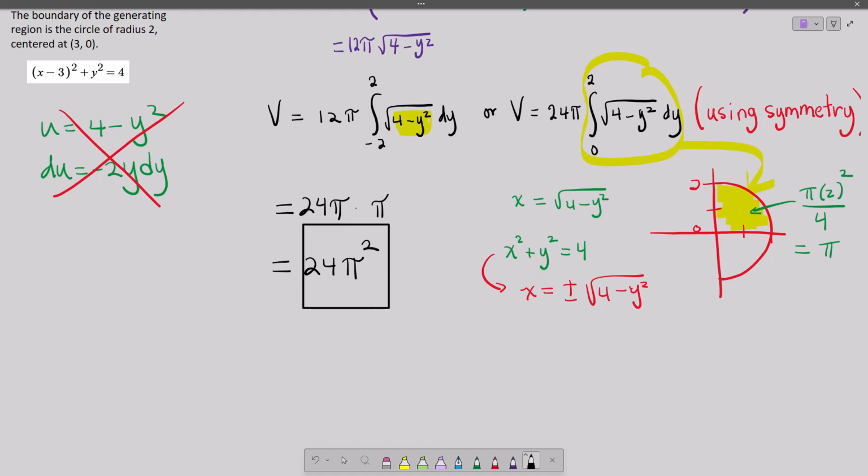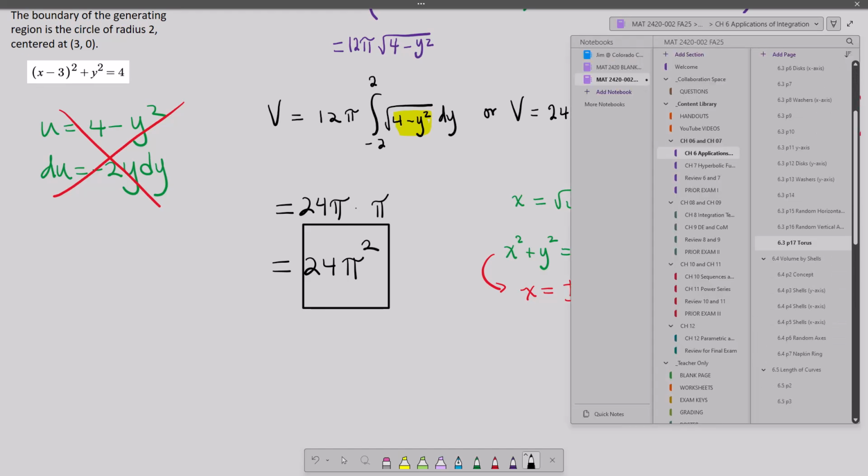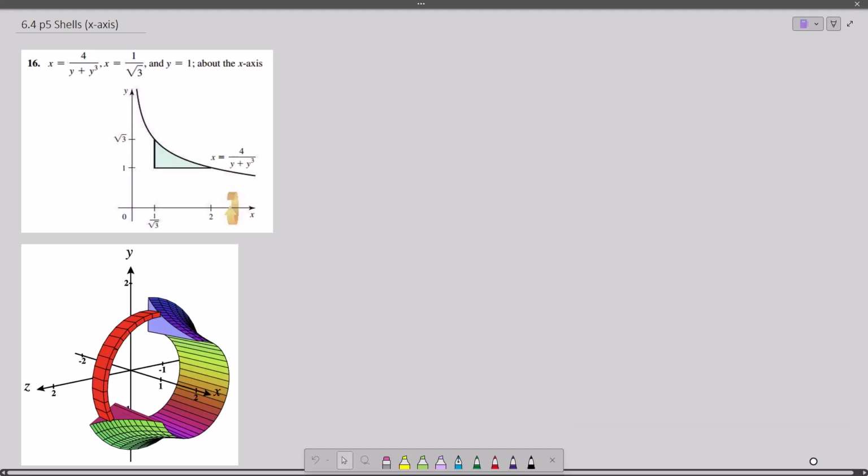That will be our volume, 24 pi squared. Okay, so look at that one carefully. That reveals a lot of technique and a lot of algebra and a lot of geometry. So look at that carefully, and if you have questions on it, we can talk about it during the break or whenever. Okay, so let's go back to our shells and do some more shells.